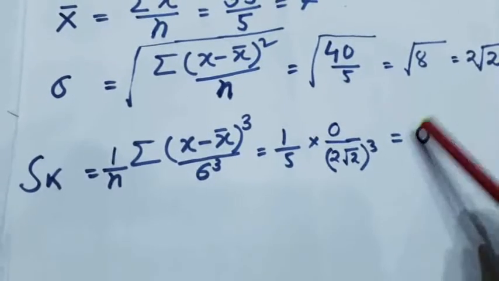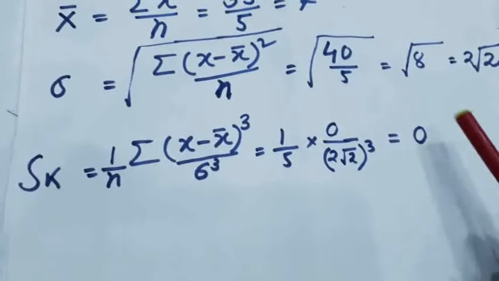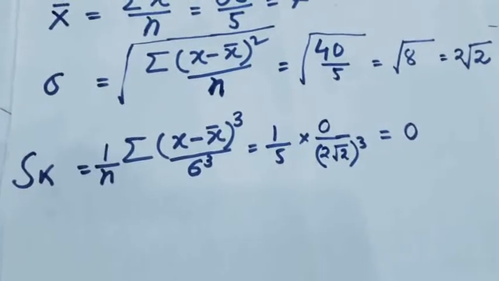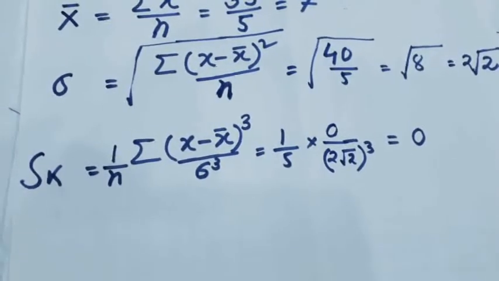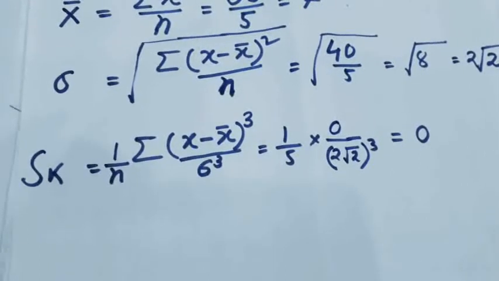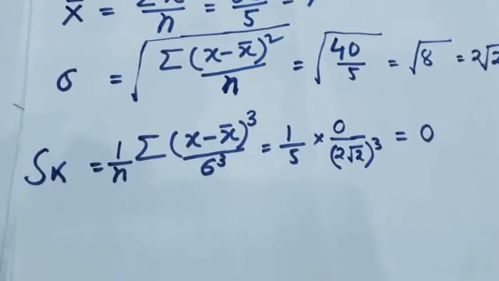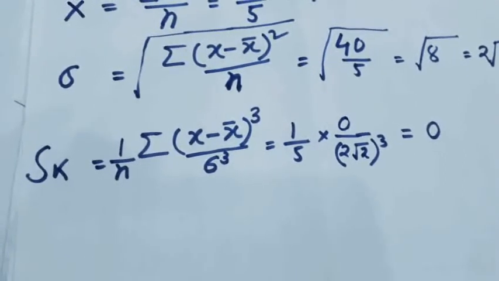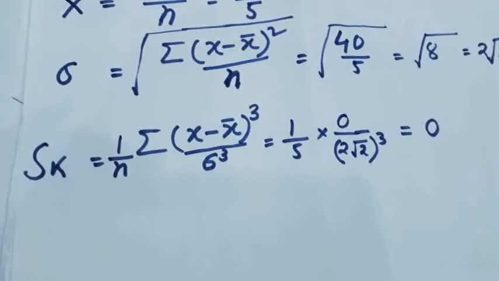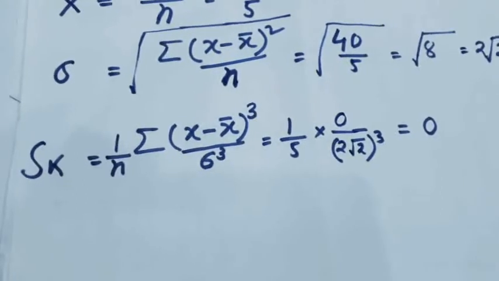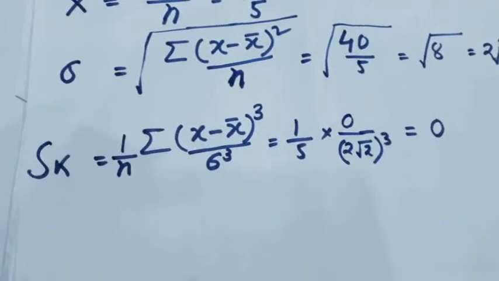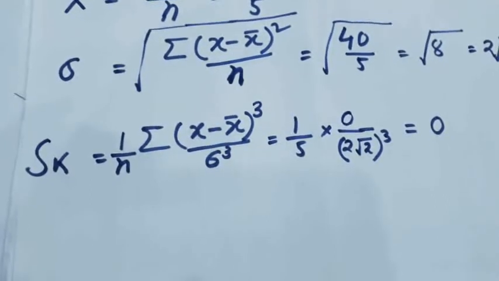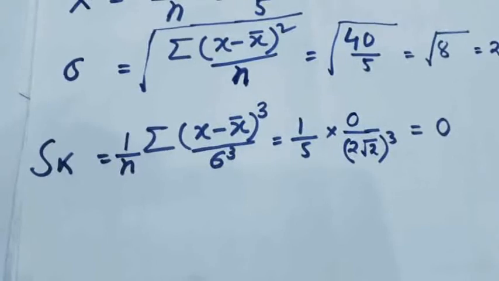And here the result is 0, but if the result is any positive value, it will indicate the mean of the observation is bigger than the median of the observation. But if this skewness is negative, it will indicate that value of the mean is smaller than the median value.